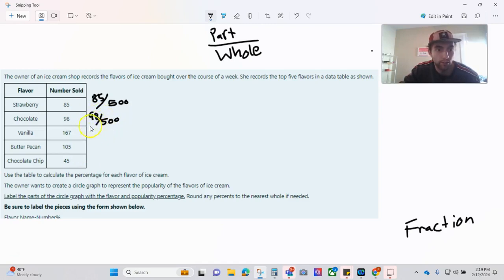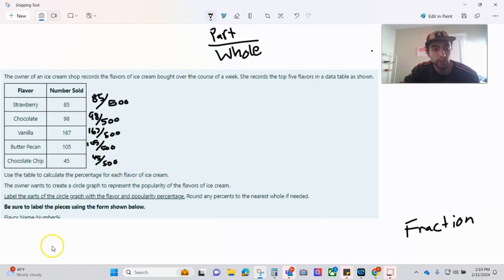I'm writing my fractions a little sideways because I have limited space. 167 out of 500. Butter pecan is 105 out of 500. And chocolate chip, oh, it's only 45 out of 500. Sorry, chocolate chip.